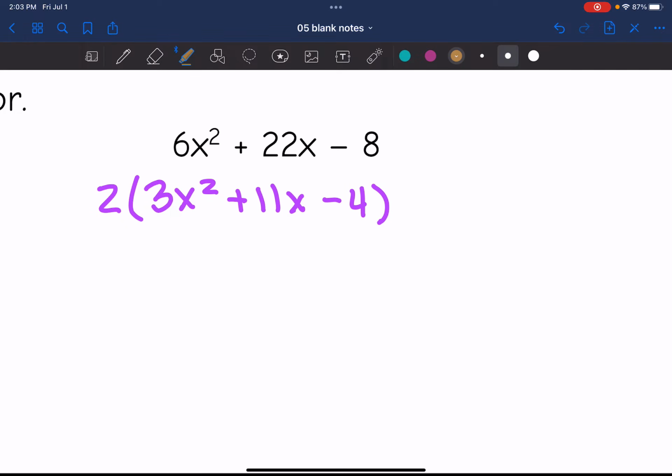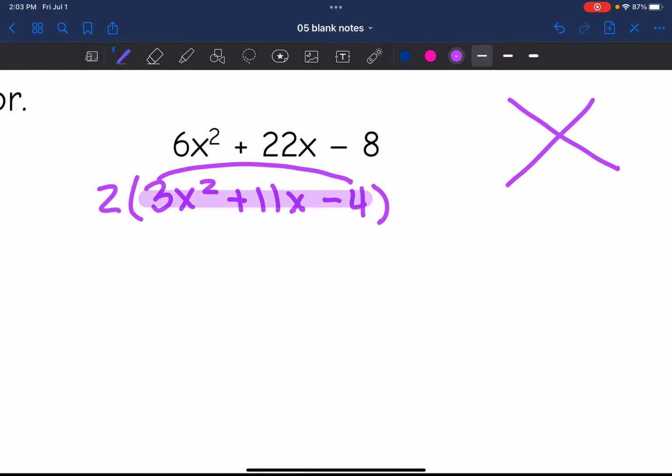So now I am going to factor that. I'm going to figure out what multiplies to 3 times negative 4, which is negative 12, and adds to 11. So I need a negative and a positive number to multiply to a negative.